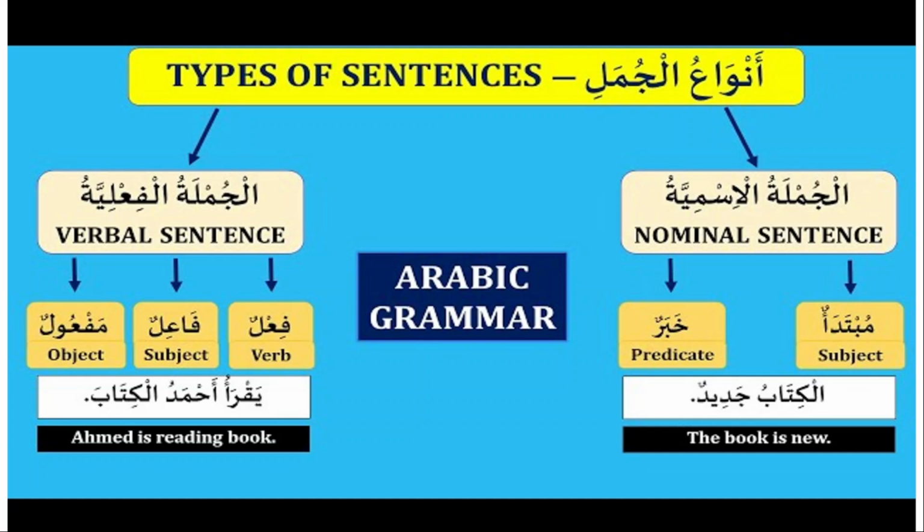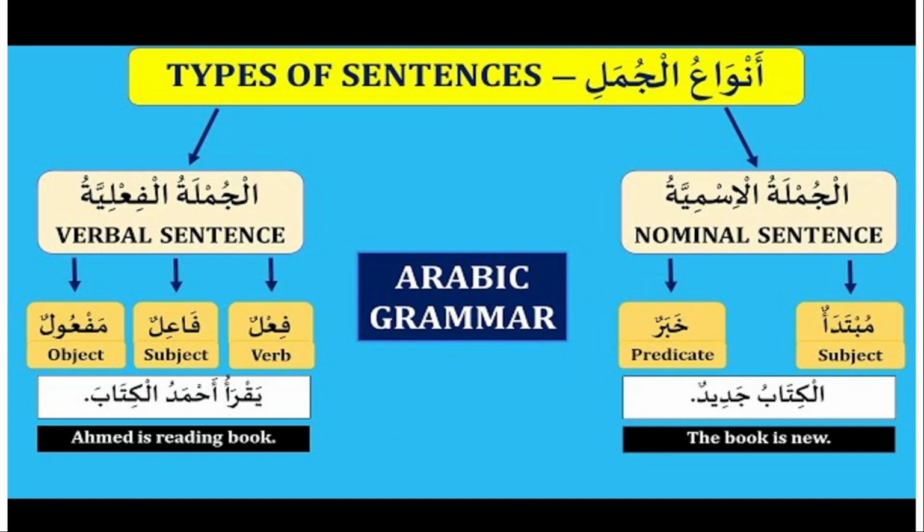All right. So, for example, let's take this sentence: يقرأ أحمد الكتاب. So Ahmed is reading the book. Yaqra means to read. So it's a verb. It starts with a verb. Ahmed is the fa'il here, the subject, and al-kitab is the object.